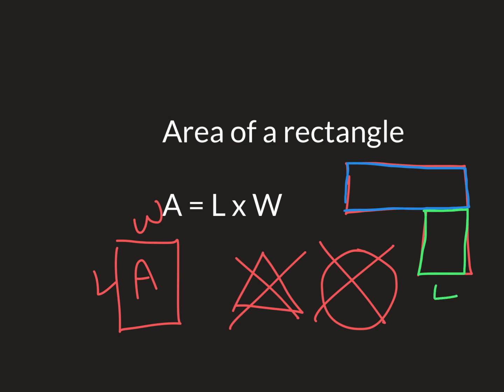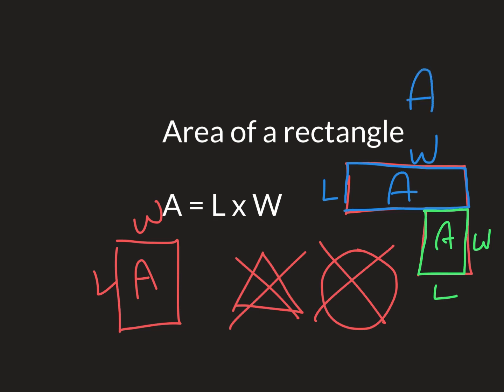I can do length times width and get the area. I can do length times width and get the area. And then think, how would I find the total area?